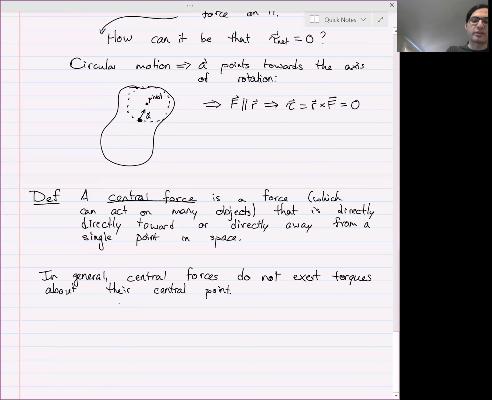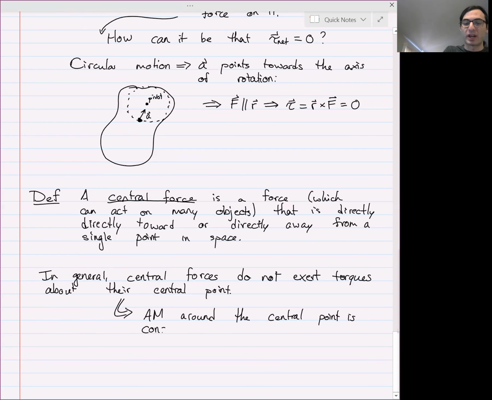And what that implies, because they produce no torque, is that angular momentum around the central point is conserved.